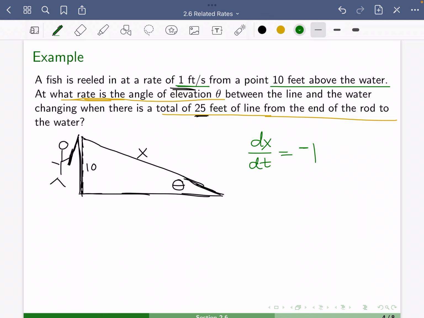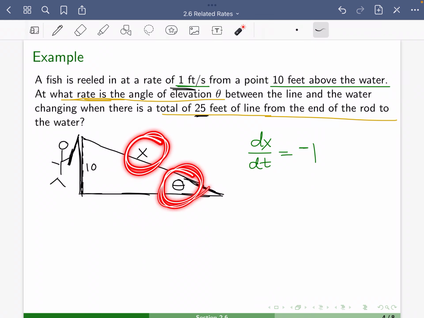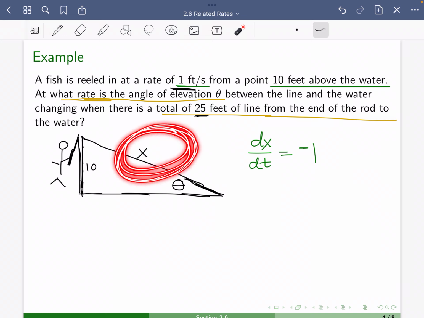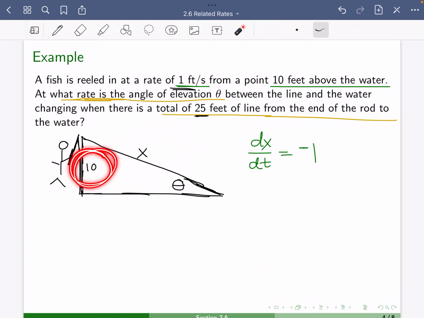Great. All right, now we need to come up with an equation that relates x and theta. So what is an equation that relates an angle to a side of a triangle? Oh, well, we have trig ratios, right? So sines, cosines, tangents. So right now, we've identified this side. We also know this side of the triangle.